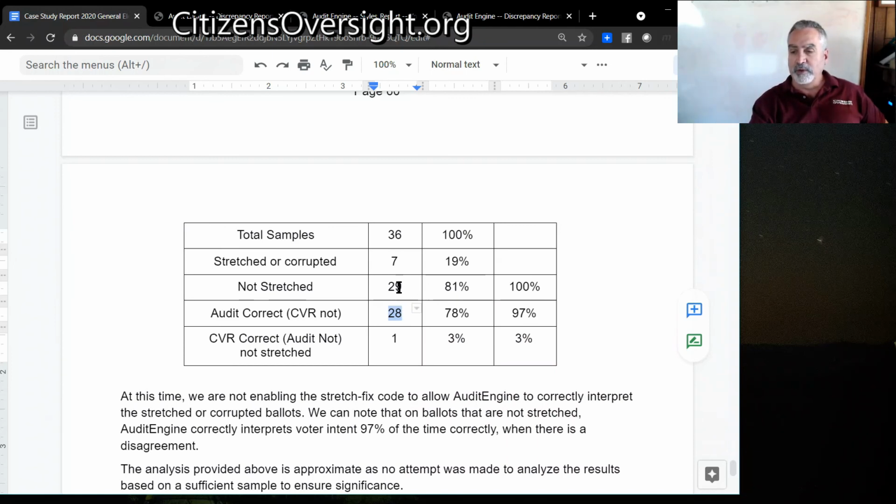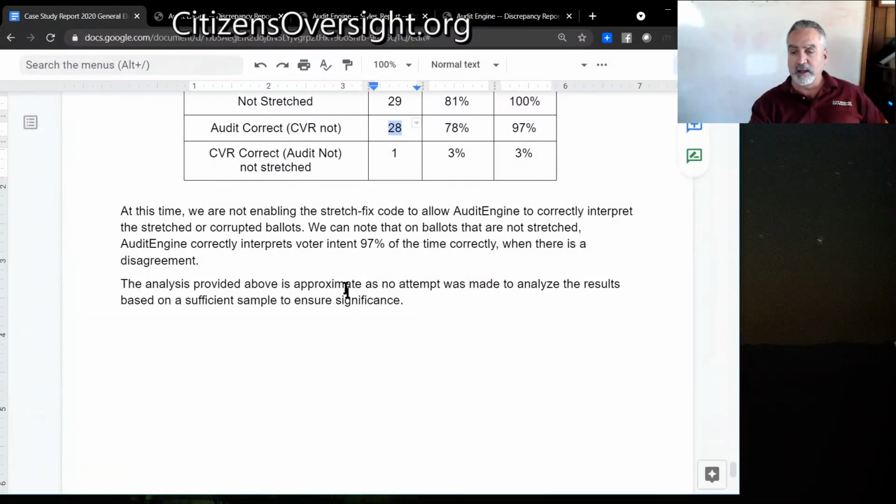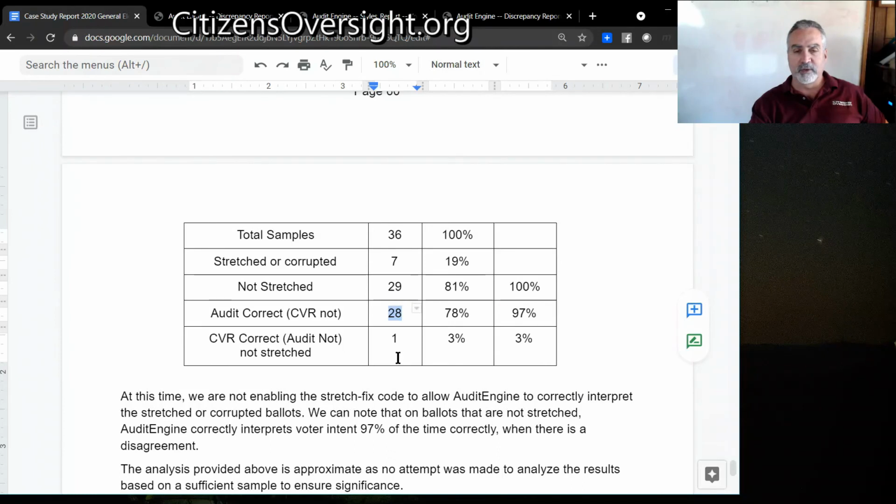And if it was not alignment or corrupted in some fashion, so just the act of interpreting what the voter says, we do a better job by 97% according to this. I did not try to analyze that based on significance or anything, but it seemed very significant to me that if you get all but 1 out of 36 samples, but I would want to go through all of these 500 or 328 and see how well we did.